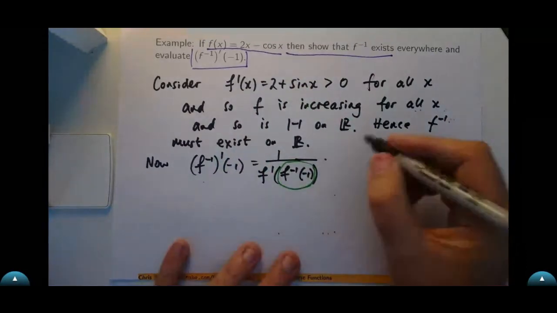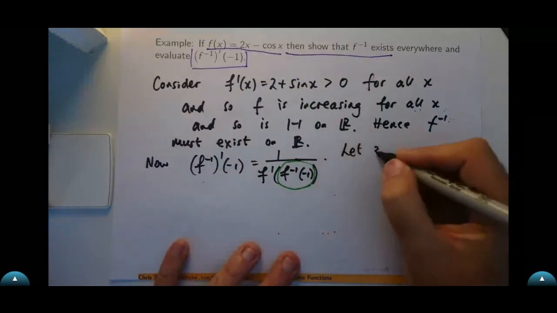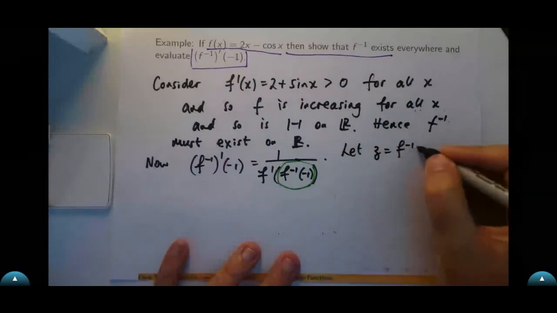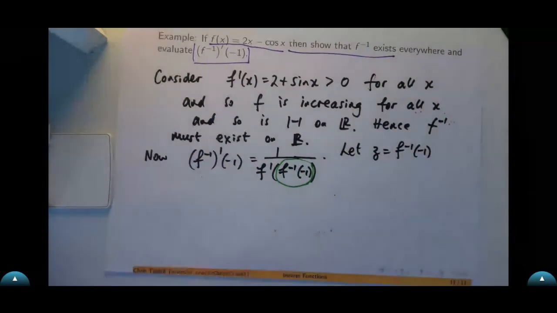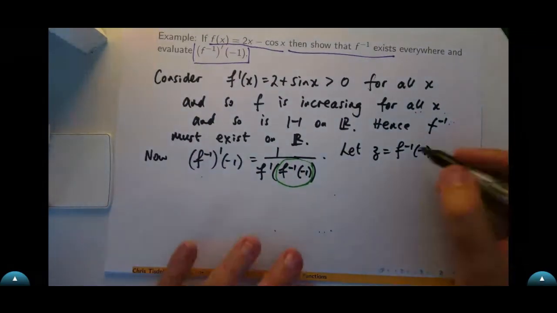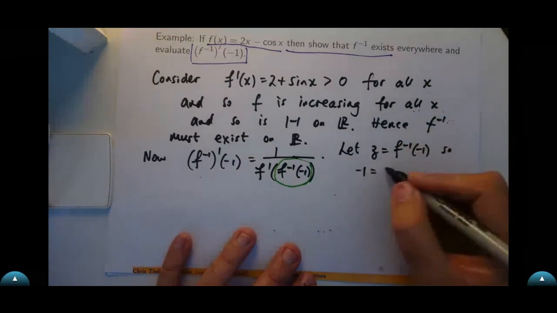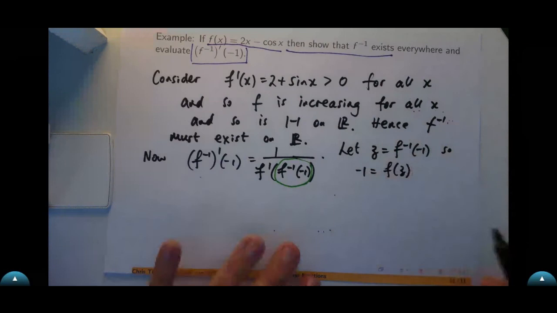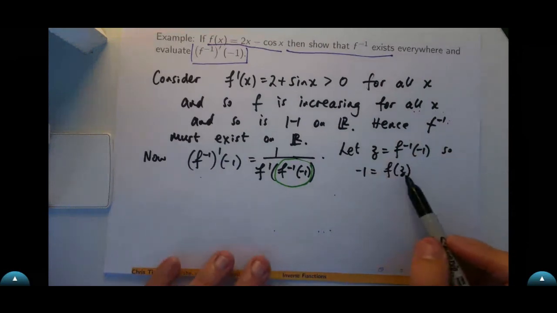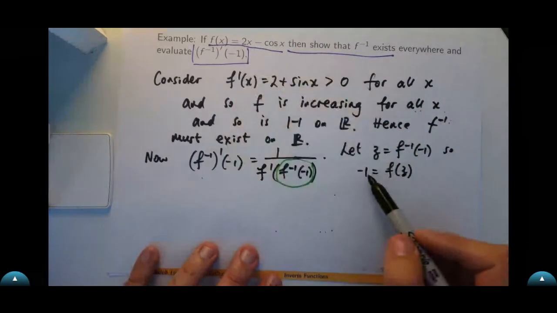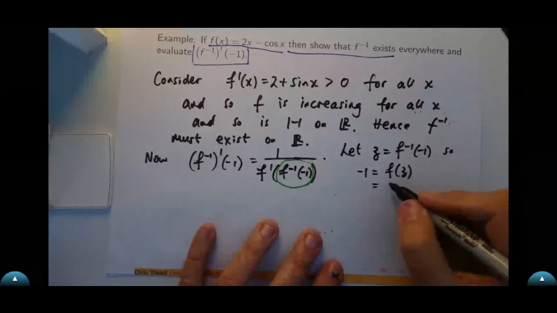All right, so I'm going to introduce a little bit of notation with this. So I want to find z. So if I rearrange that, I want to find the value of z that makes this equal to -1.